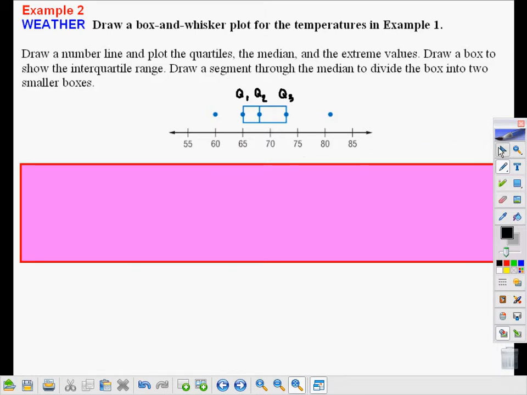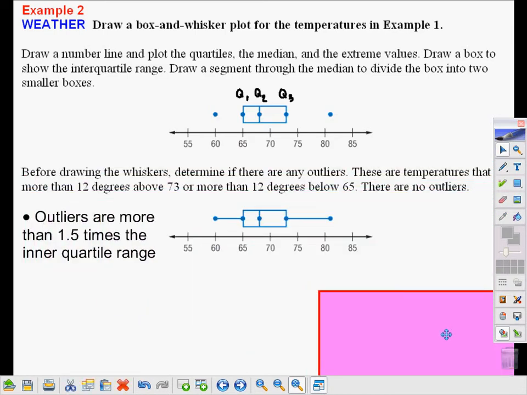So then creating the whisker part, a lot of people will just go ahead and draw lines out to those outer points. But before you do that, you need to actually determine if there are any outliers. Now, an outlier is a value that by common understanding is 1.5 times the interquartile range.